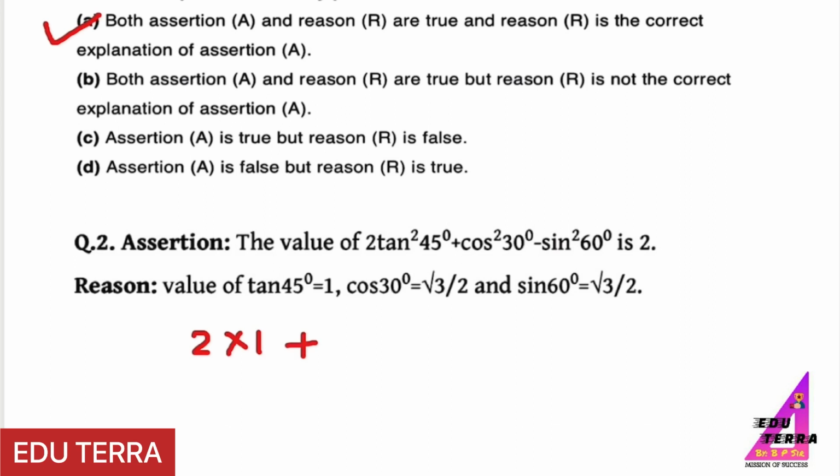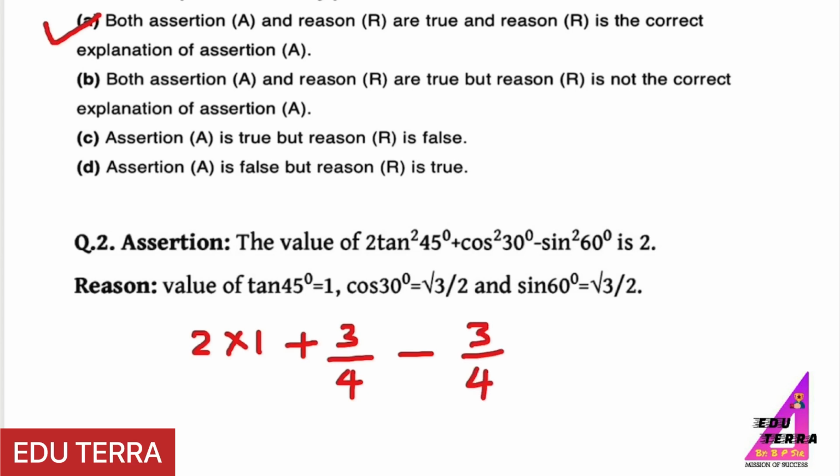Cos 30 is given root 3 by 2. So cos square means 3 by 4. So plus 3 by 4 minus sin square 60, and sin 60 is given root 3 by 2. Then again when we will do the square, it will come 3 by 4.